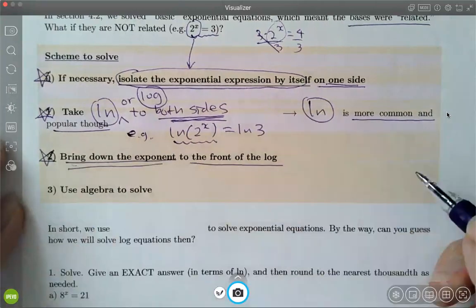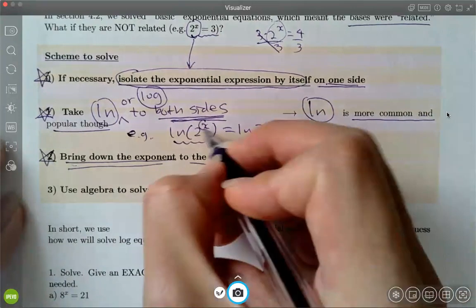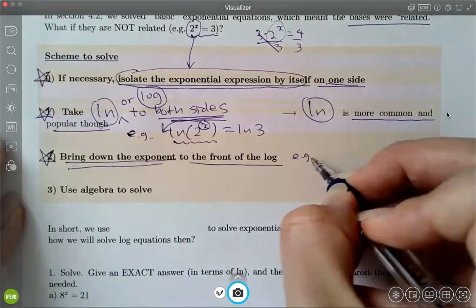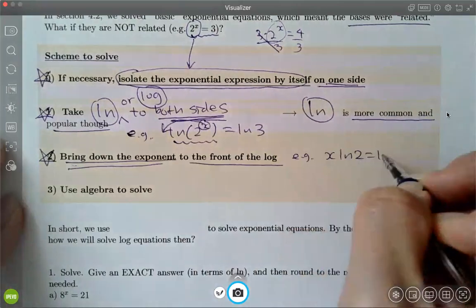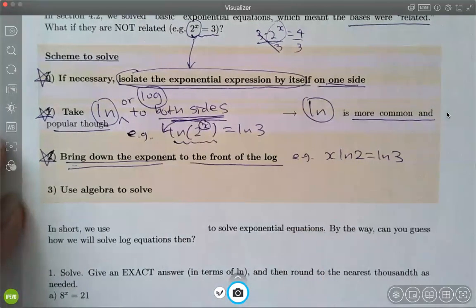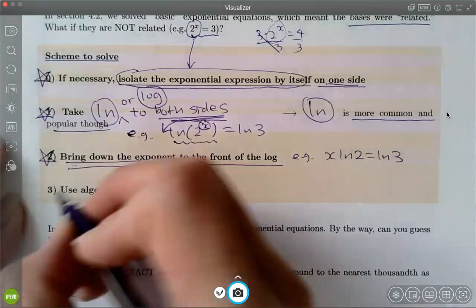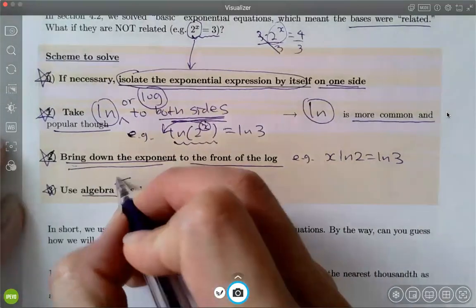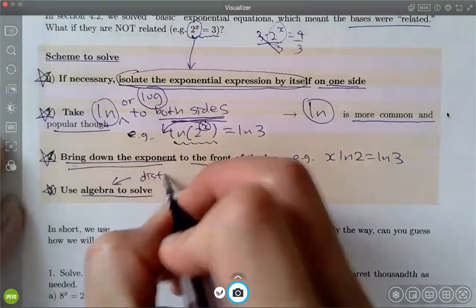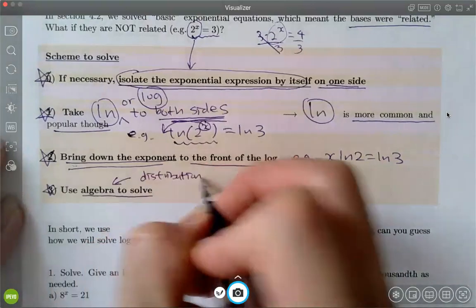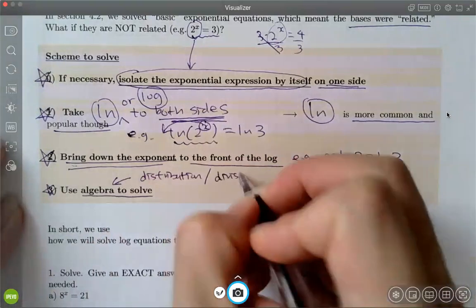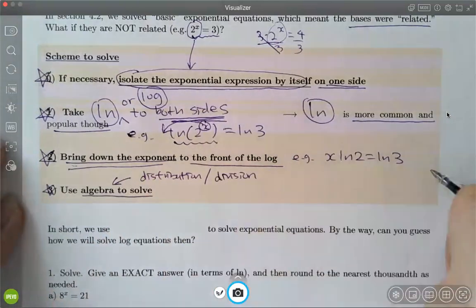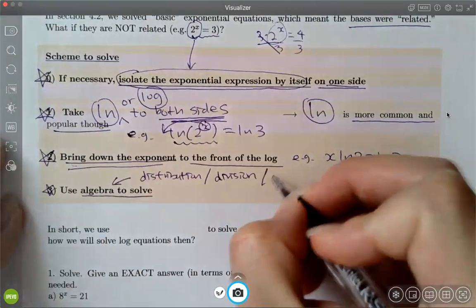So what does that mean? Do that. And then use algebra to solve. What does that mean? Here, algebra means distribution or division or combining like terms.